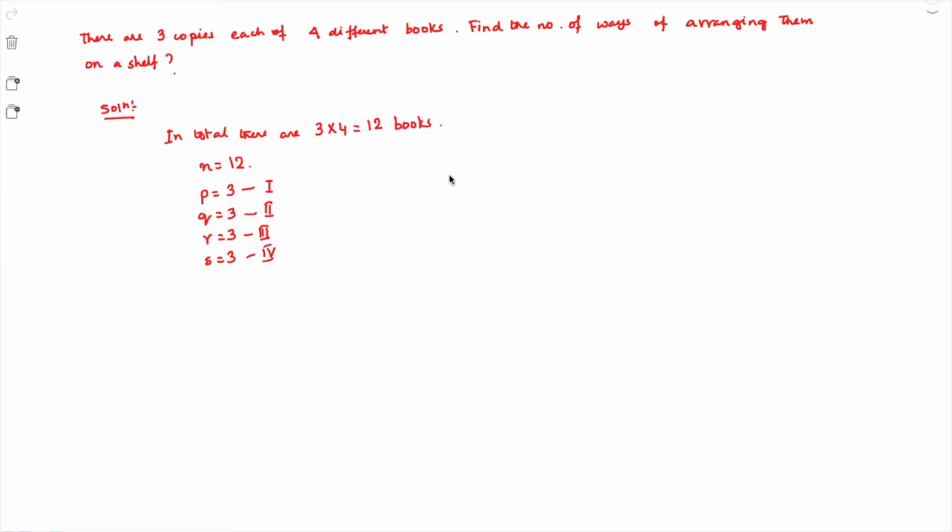So using the formula, we will have total number of ways equals 12 factorial by 3 factorial into 3 factorial into 3 factorial into 3 factorial. Or it can also be written as 12 factorial by 3 factorial to the power 4.